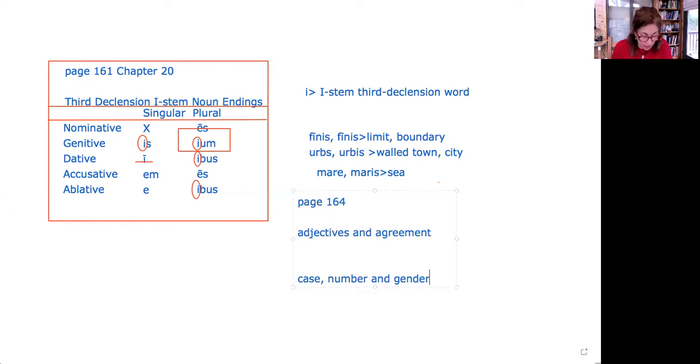So first of all, right now, you know that all the adjectives you've studied have belonged to what's called the first and second declension group of adjectives. These adjectives get their feminine forms from the first declension and their masculine and neuter forms from the second declension.